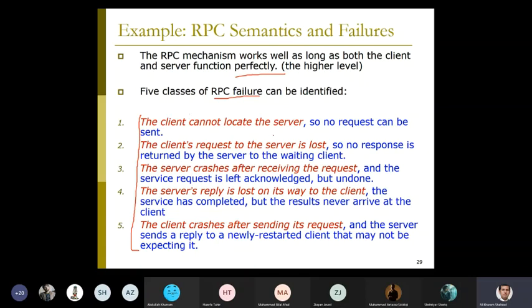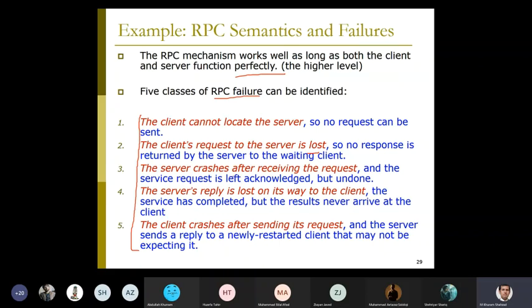The client cannot locate the server, so this is one of the possibility, ٹھیک ہے. So no request can be sent. The client request to the server is lost. Okay. So no response is returned by the server to the waiting client.